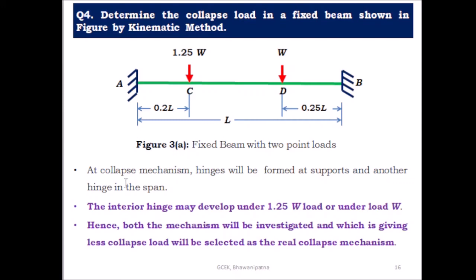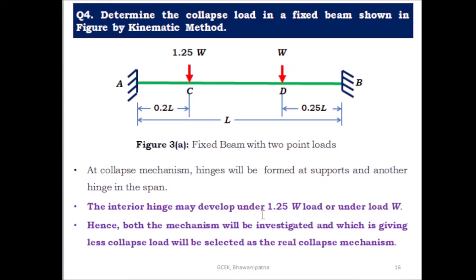In this case, at the collapse mechanism, hinges will be formed at the two supports and another hinge in the span.